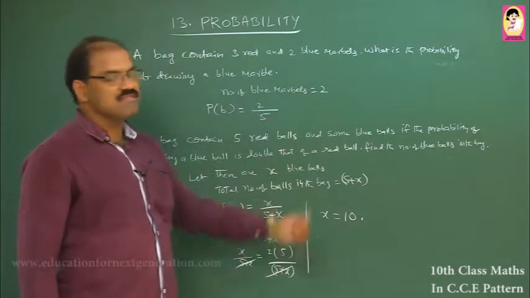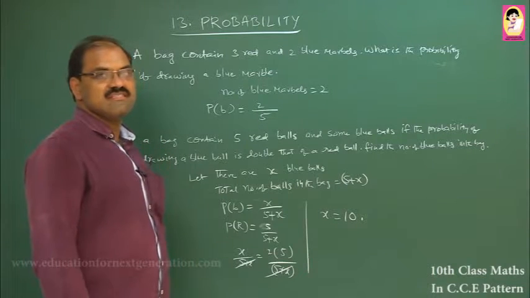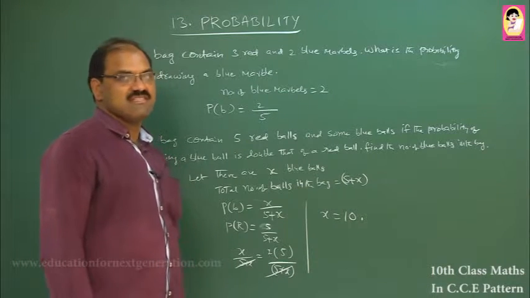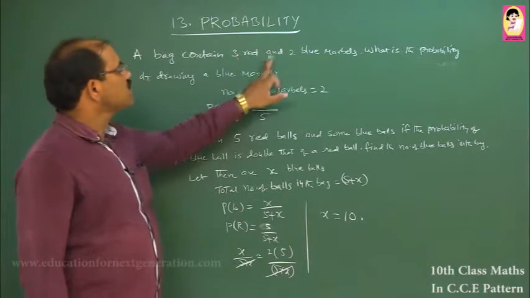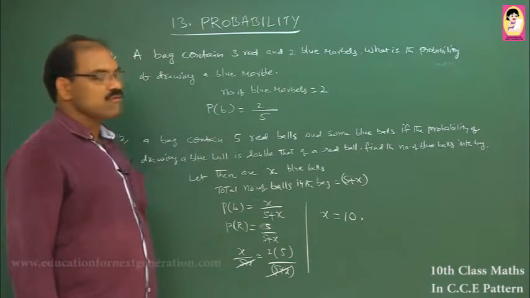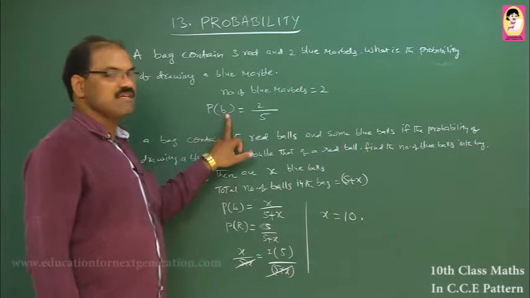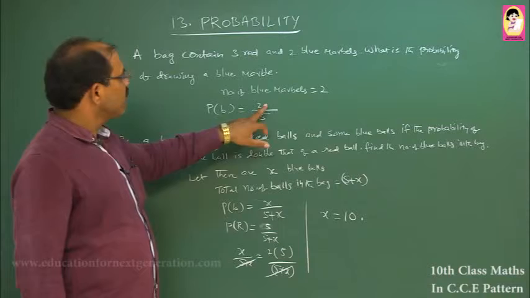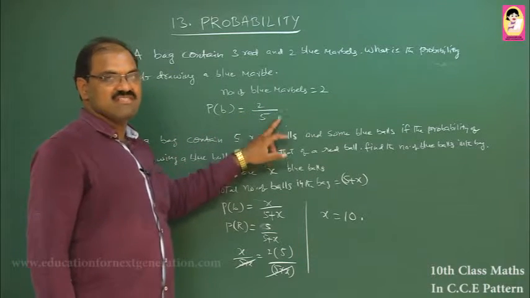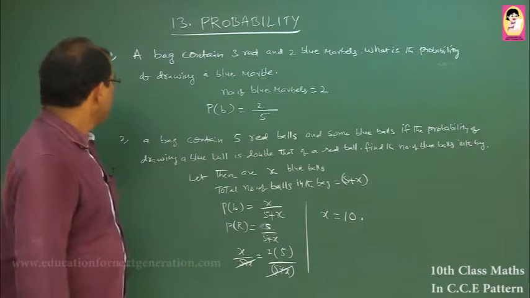The number of favorable cases is 2, and the total number of marbles in the bag is 3 plus 2, that is 5. So the probability of drawing a blue marble, let us take P(B), is the number of favorable cases by the total number of cases, that is 2 by 5.